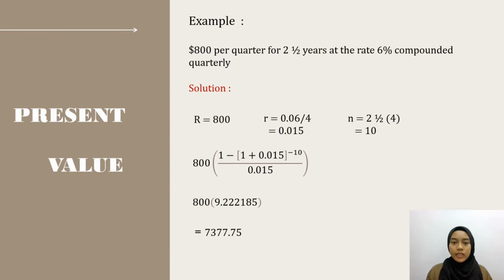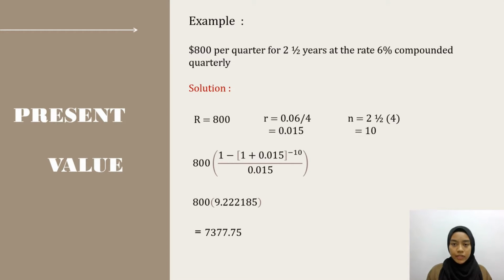So we have an example: $800 per quarter for 2.5 years at the rate of 6% compounded quarterly. So the solution is our R is 800. This is our payment that we make, and i is 0.06 over 4. We get 0.015.